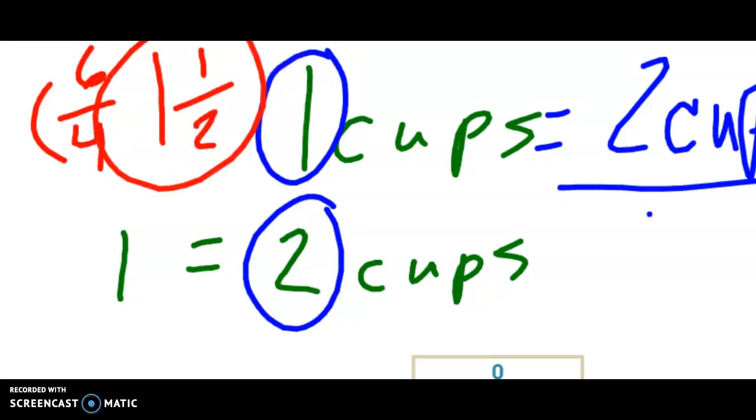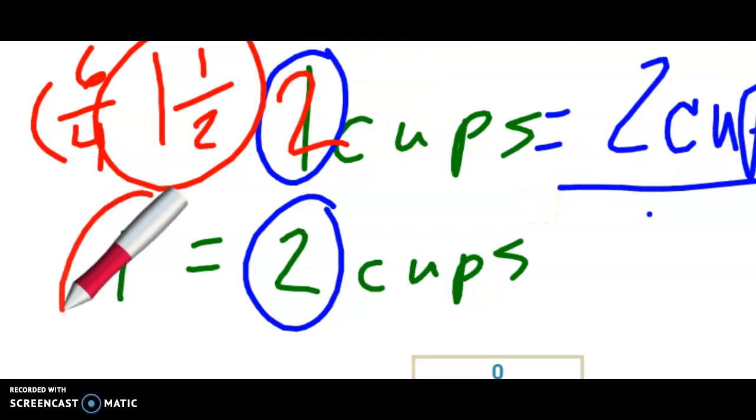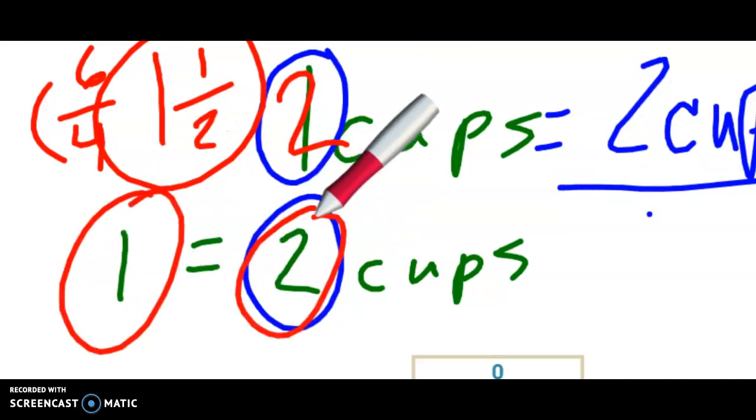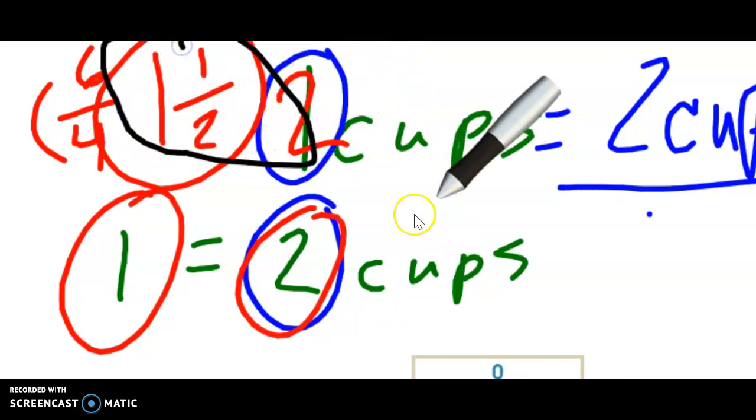So for this one, I'm going to have 1 1/2 teaspoons of salt for 2 cups of liquid. This one I only have 1 teaspoon of salt for 2 cups. So this is obviously the better deal if I want more salt for my sore throat.